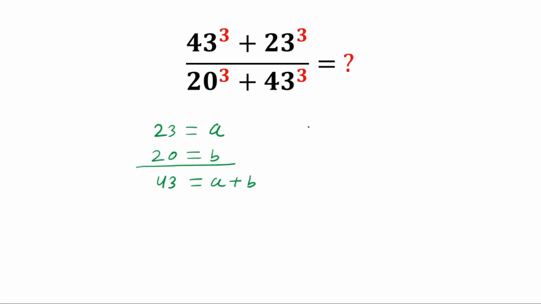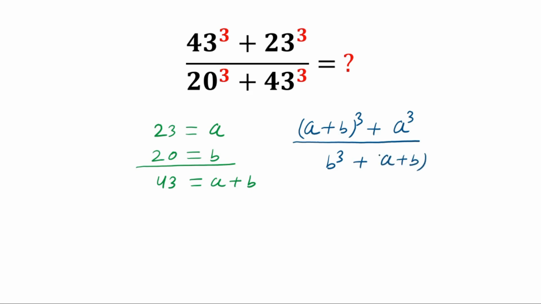So 43 is replaced by (a + b)³ plus, 23 is replaced by a³, and divided by 20 which is replaced by b³, and 43 is replaced by (a + b)³. I will write this expression on the next page.